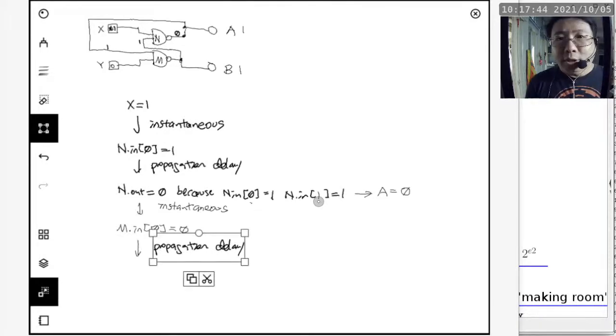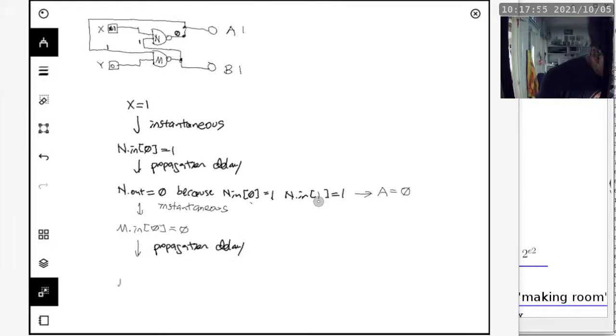But fortunately, we still have y being a 0, so M is still continuing to output a 1. Let me write that down here. So M dot out is still a 1, because both inputs are zeros now.